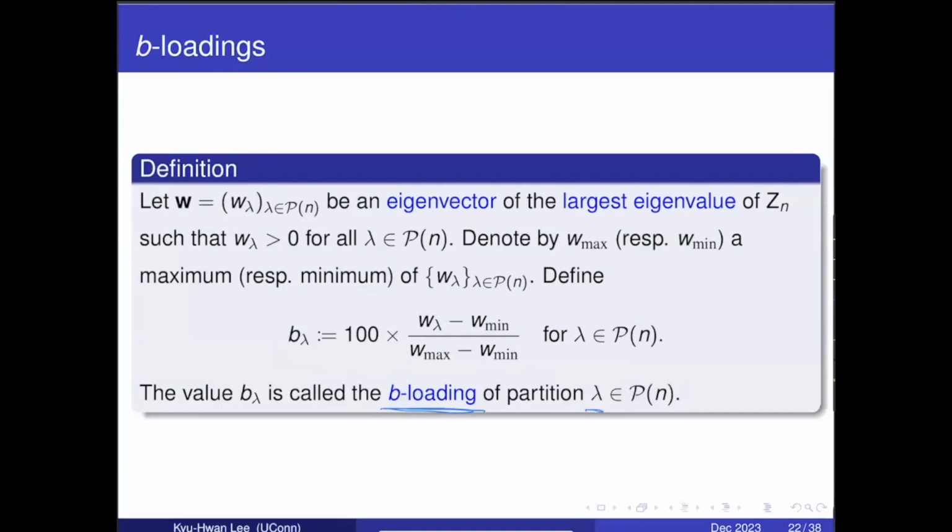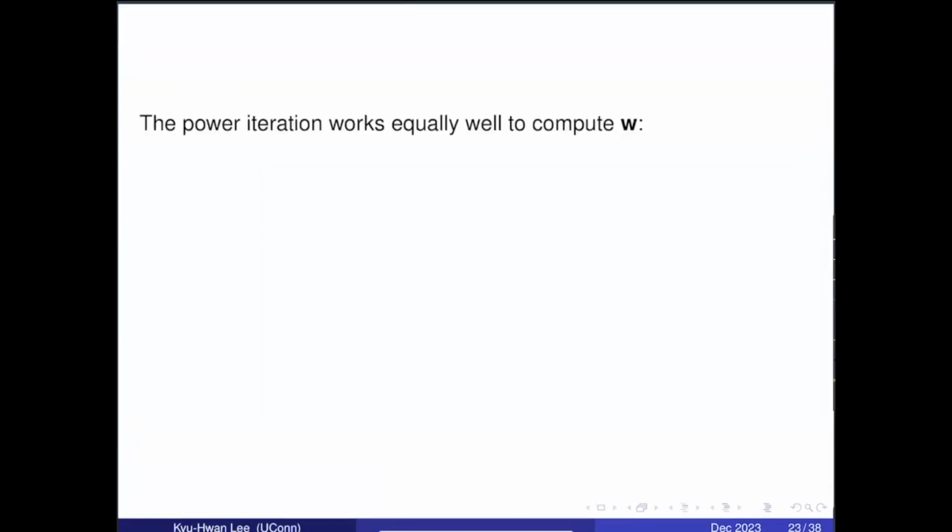It's like PCA. We are trying to find the direction of largest variance, and then we want to see the contribution of each partition. And how can you compute the B loadings?